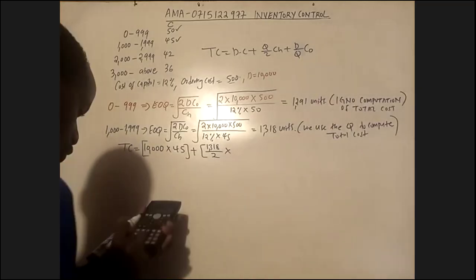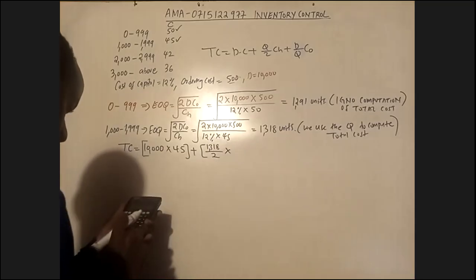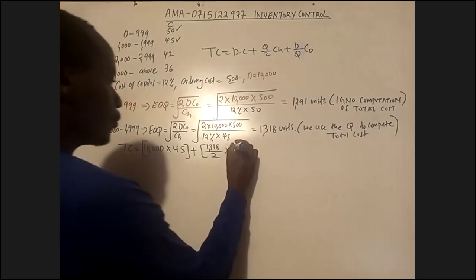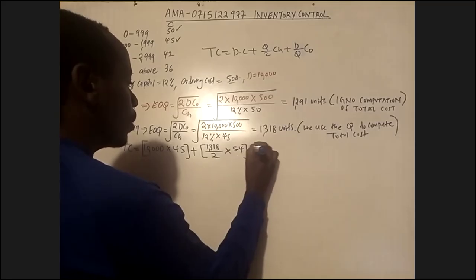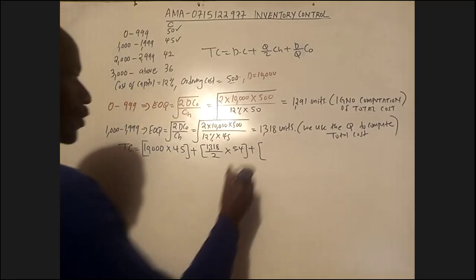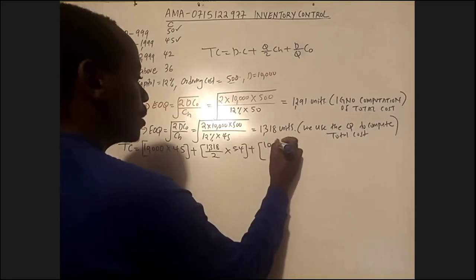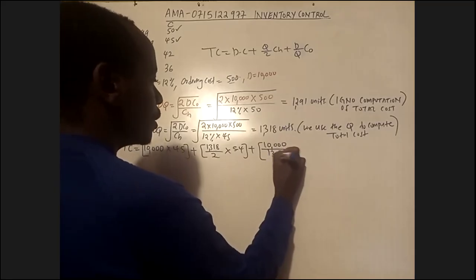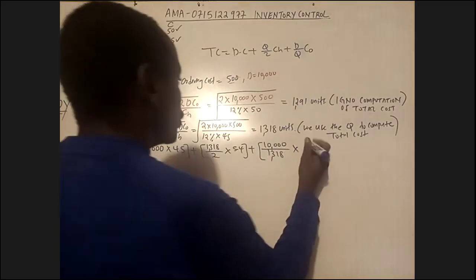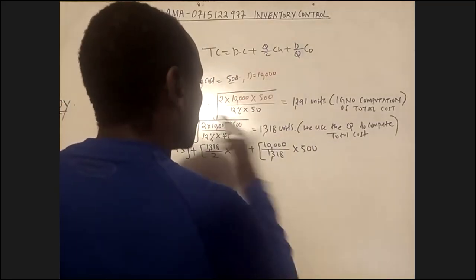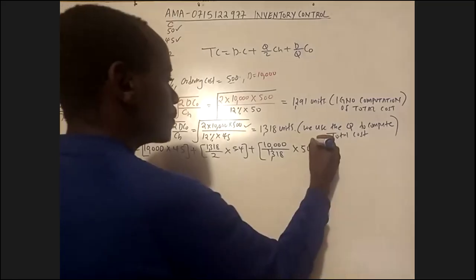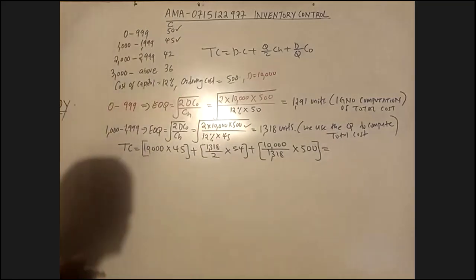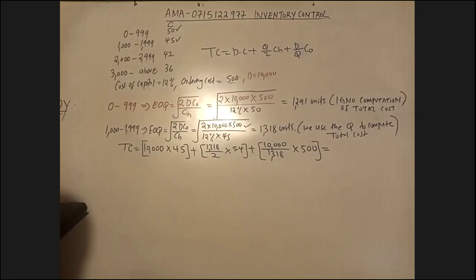Our CH is 0.12 times 45, which is 5.4, plus D over Q, which is 10,000 over 1318, times CO, here 500. So our total cost is 10,000 times 45 plus 1318 over 2.